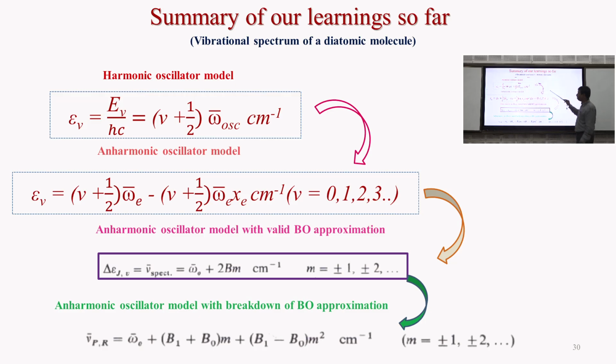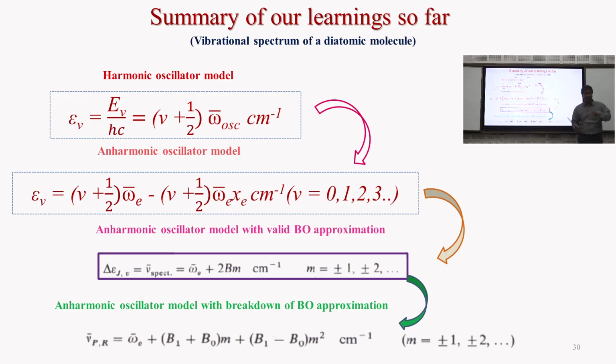Now this allows you to get multiple bands, the fundamental band, the first overtone, and so on, but it doesn't allow you to explain the lines appearing in the fundamental band. For that we have to consider vibration and rotation together.